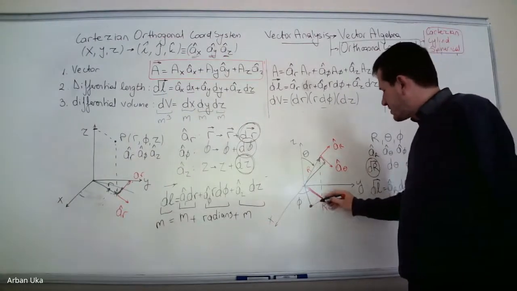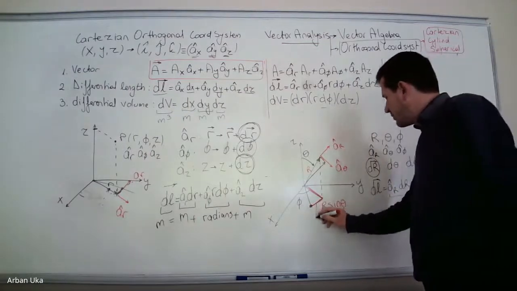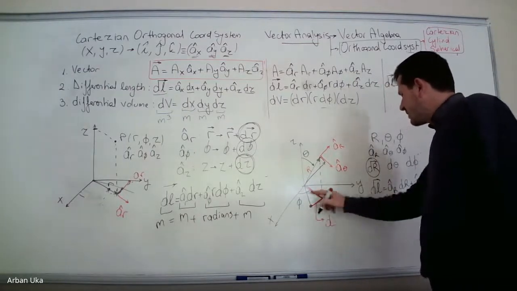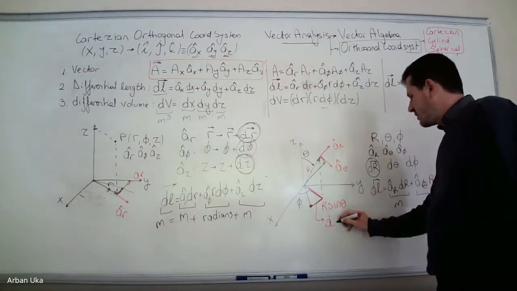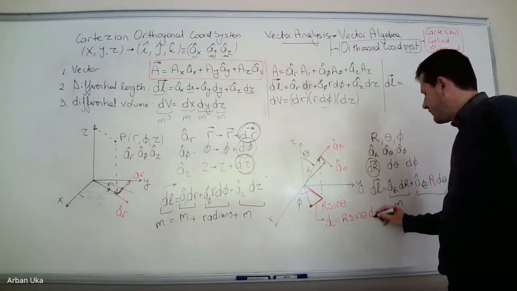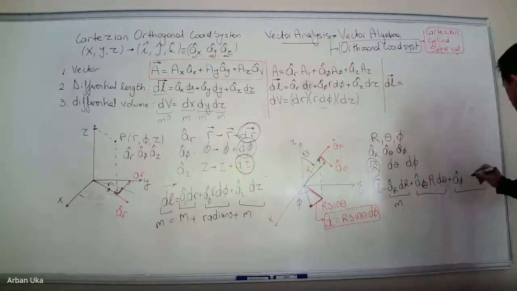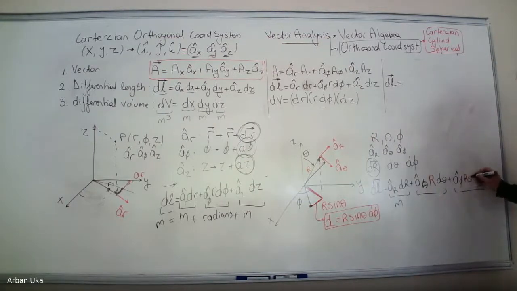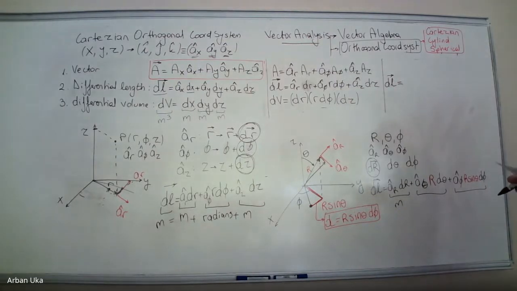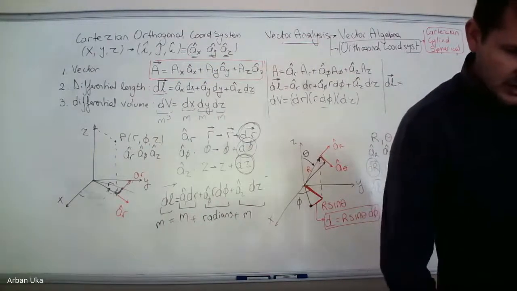And then what is the distance here? The distance in the xy plane is equal to r sine theta d phi. So here we should include r sine theta d phi. So apparently we were able to write down in the spherical coordinate system the differential length.